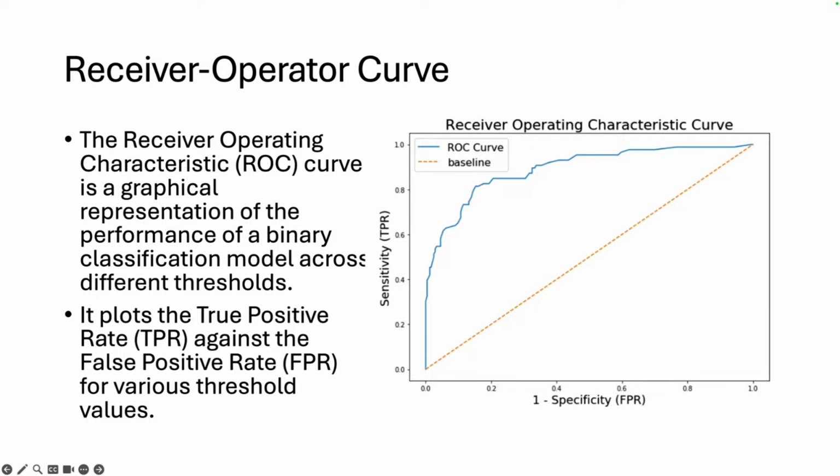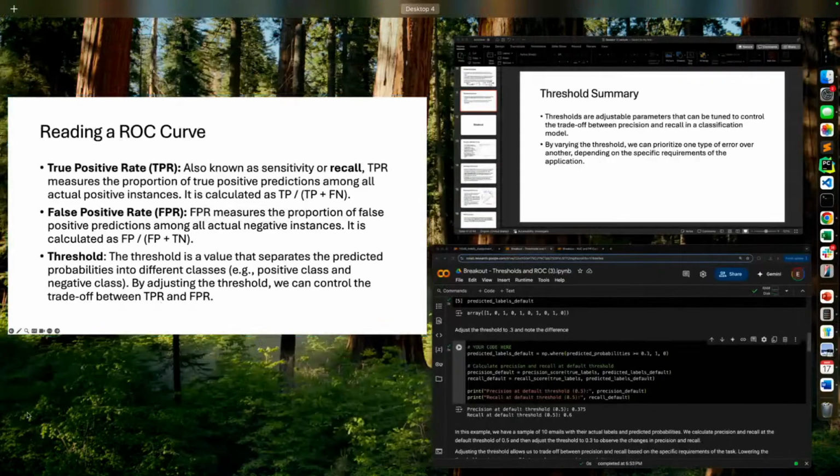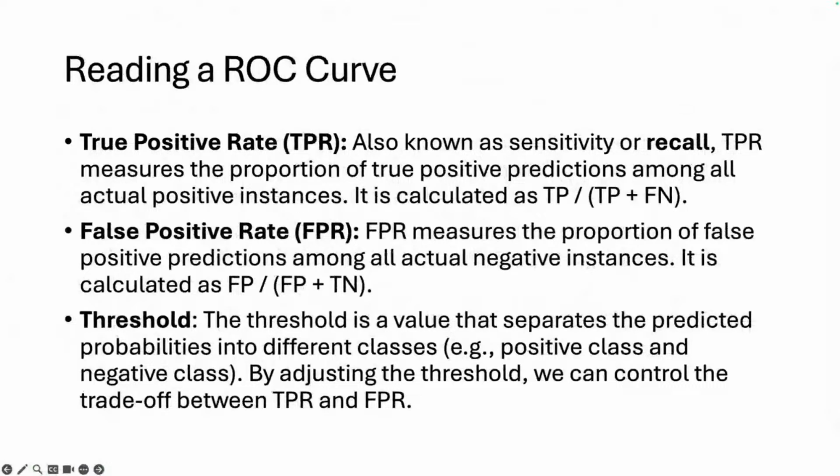I was talking about accuracy before, but what the receiver operator curve actually measures is the true positive rate against the false positive rate. We know that there's a trade-off between precision and recall, and the receiver operator curve enables us to map that trade-off as we increase or decrease the threshold. The true positive rate, also known as sensitivity or recall, measures the proportion of true positive predictions among all positive instances.